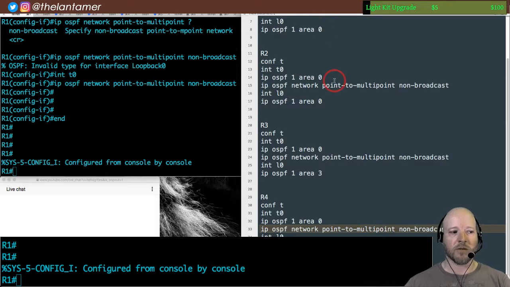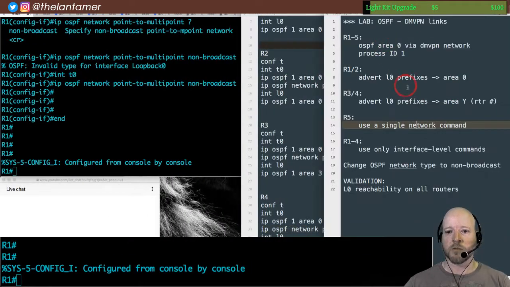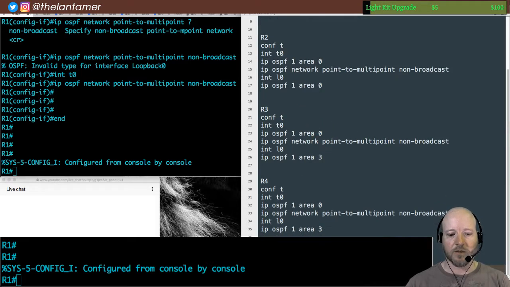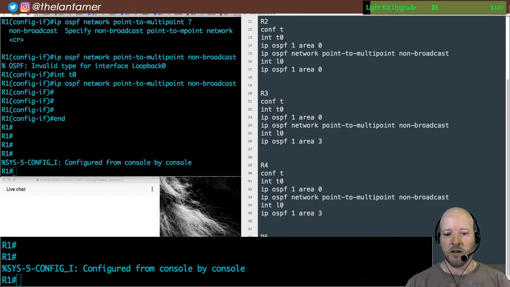Okay, router 5. Our requirements: use a single network command. And it does not limit us here to interface level commands. So on router 5, we're going to do router OSPF 1, area 0, and interface tunnel 0.